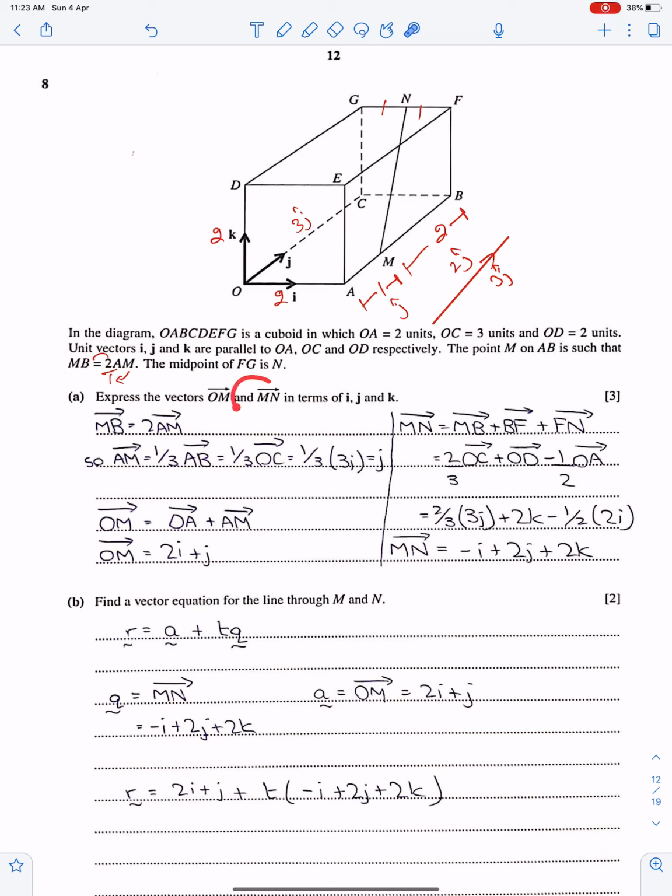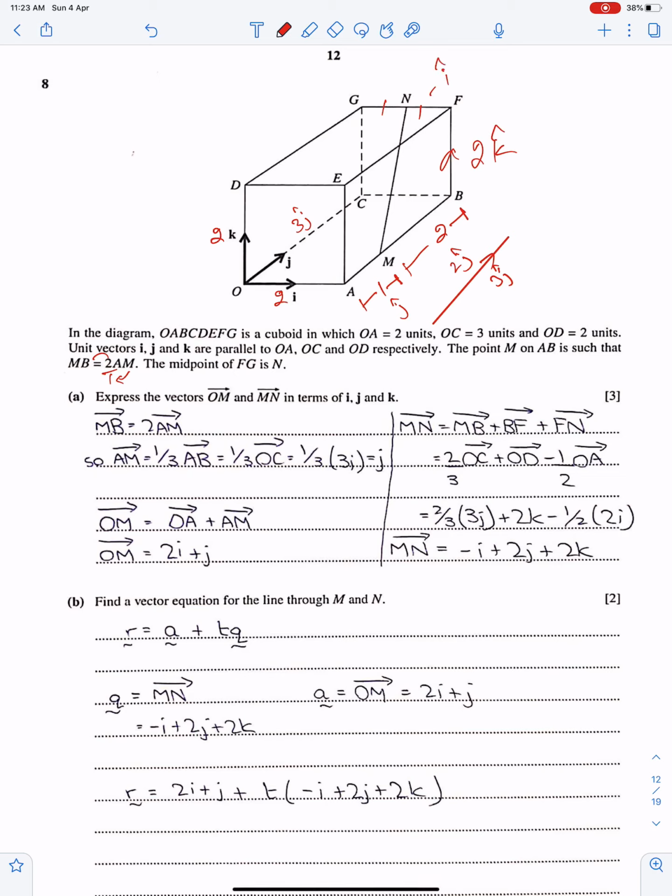Now we need MN. MN is simple. MN is MB plus BF plus FN. So MB is 3j, sorry, MB is 2j, it's here, and BF is 2k, and this is negative i.